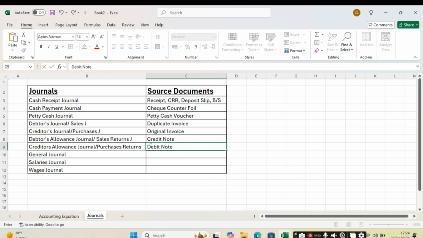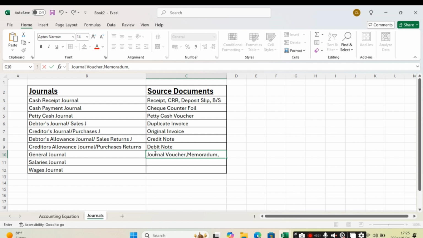Hope you understand that. And then we have our general journal. For the general journal, the source document will be our journal voucher, and then we also have the memorandum. And then I think we have one last thing, I think it's narration.